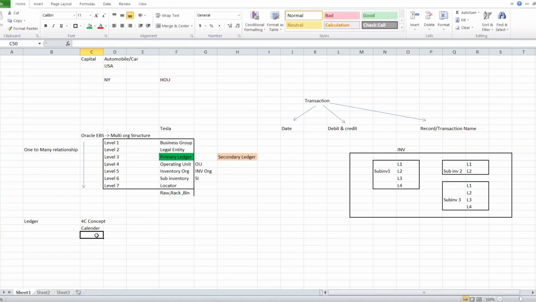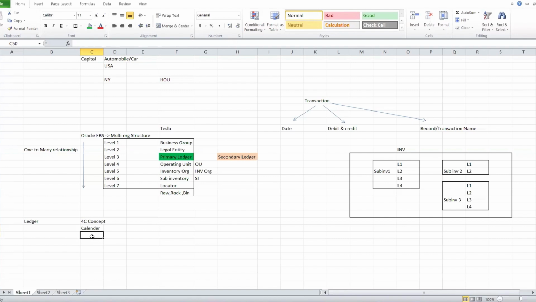Some businesses have the holiday on Sunday, some on Monday, some on Tuesday. So different calendars are used, and they can be configured in standard Oracle. So whatever calendar the business follows, we need to set it up as the calendar.